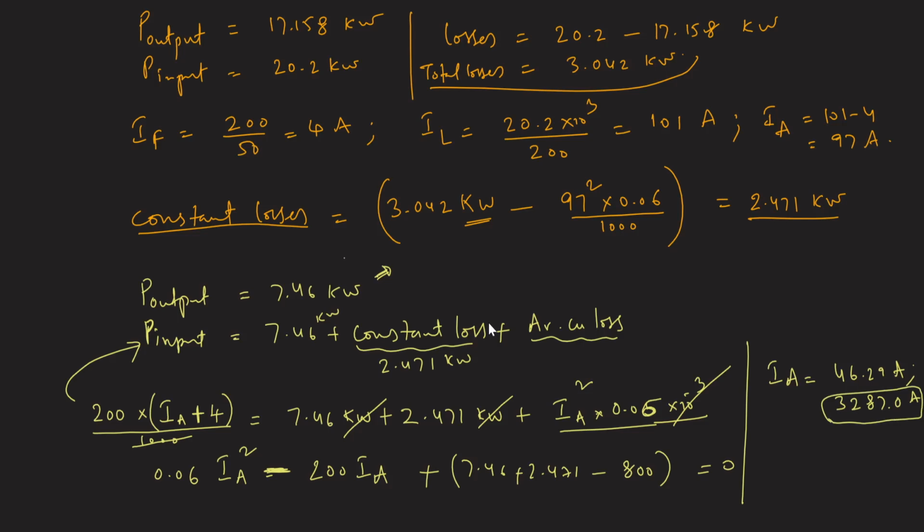So 46 is appropriate to our machine ratings. Now if 46 is our current, then find out the copper losses and then find out the input power. So input power is simply 200 into 46 plus 4. So it is coming to 50.29.